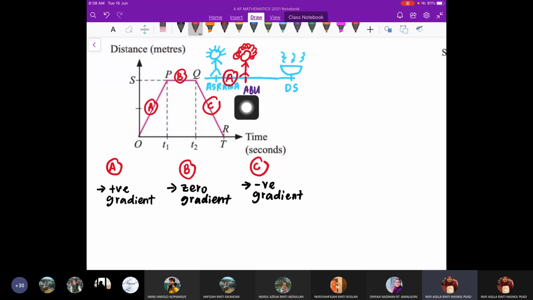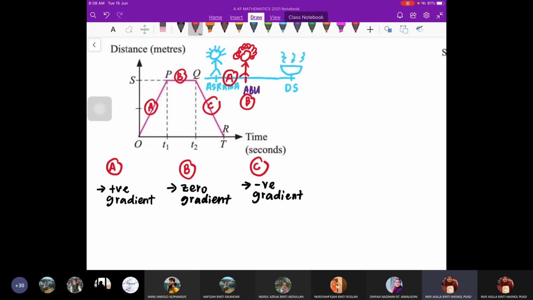So, maksudnya sepanjang mana pelajar itu berborak dengan Abu, itulah keadaan dia di B. Maksudnya dia stationary, dia tak bergerak tapi masa berjalan. So dekat Abu ini sebenarnya adalah situasi B.